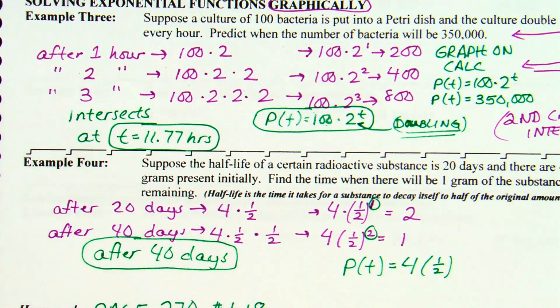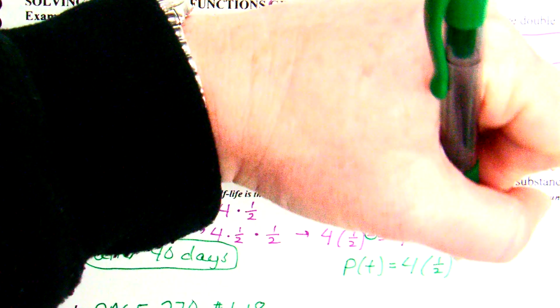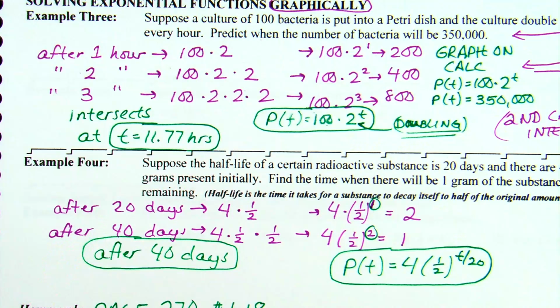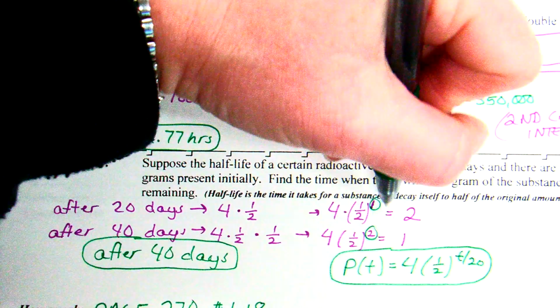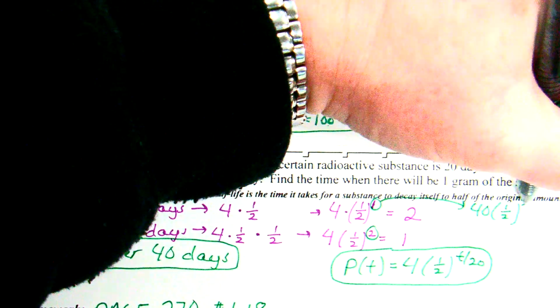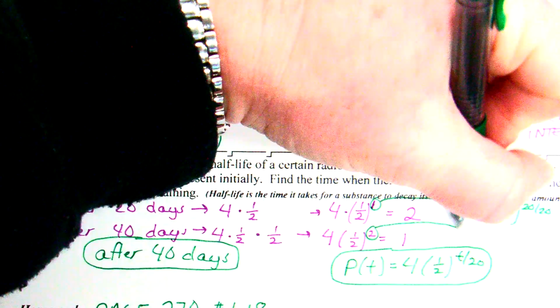So the idea here is that instead of saying to the power of t, I'm going to say to the power of t over 20. And if you think about it, hopefully it'll make sense to you, because then this one would be 4 times 1/2 to the 20 divided by 20. This one would be 4 times 1/2 to the 40 divided by 20, which is exactly what we wanted there.